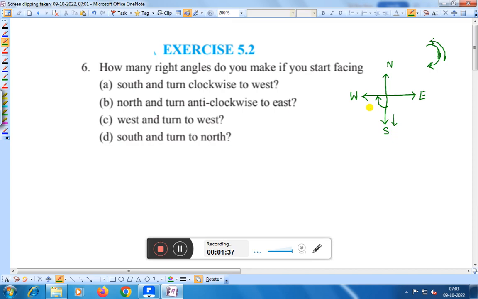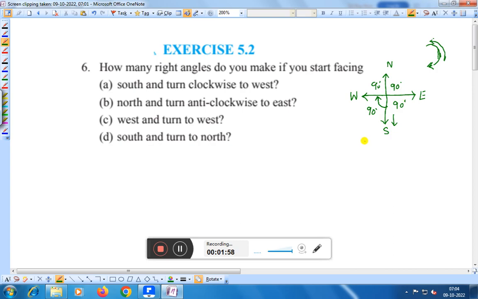Okay, that means this is 90 degrees. West to north is also 90 degrees, north to east is also 90 degrees, and east to south is also 90 degrees. Now the question is how many right angles do you make if you start facing south and turn clockwise to west?